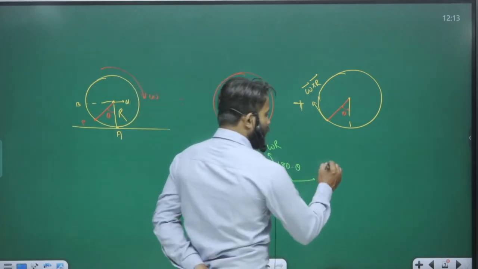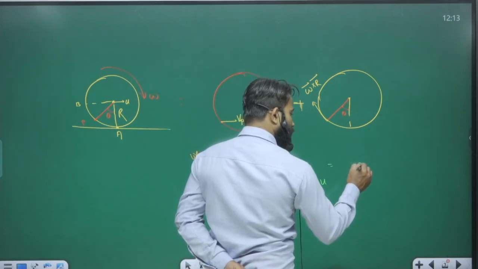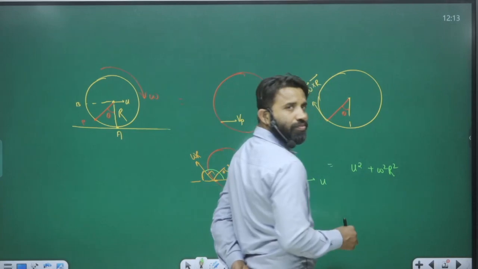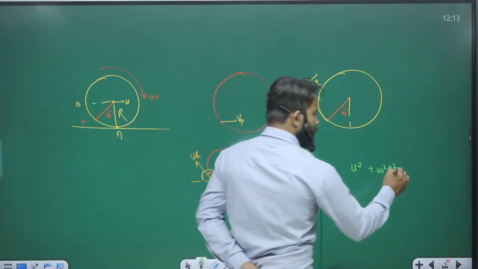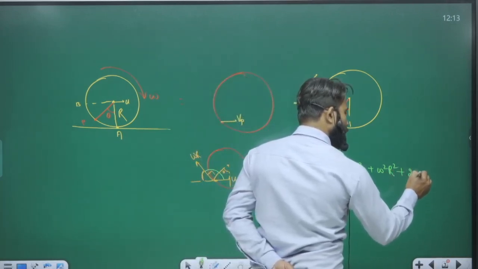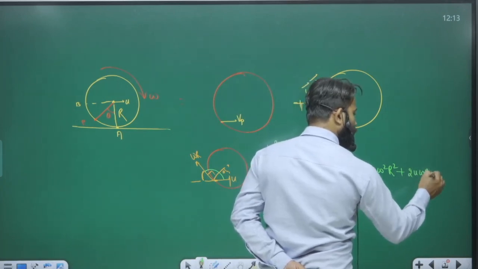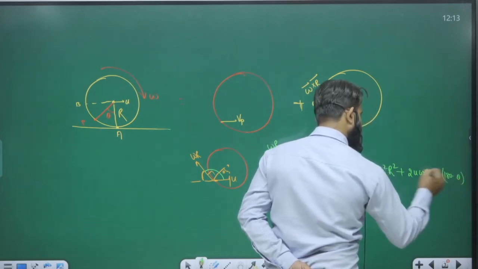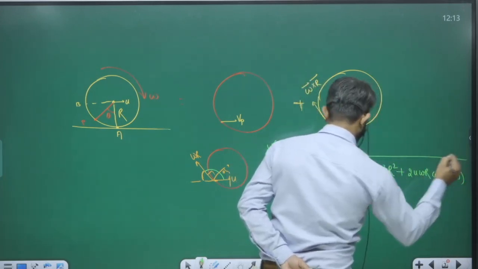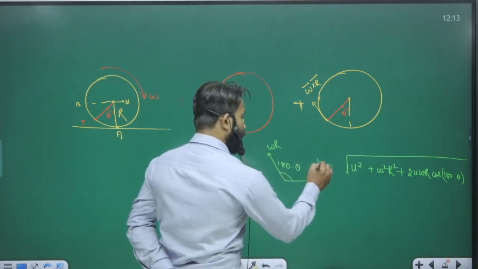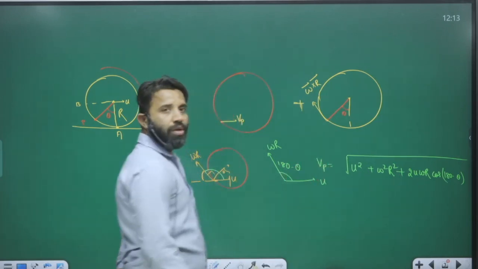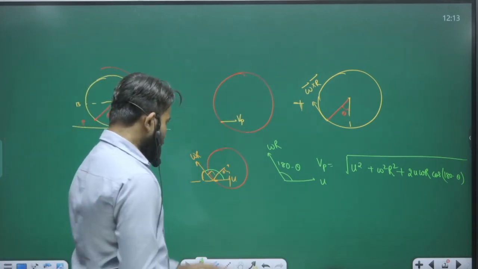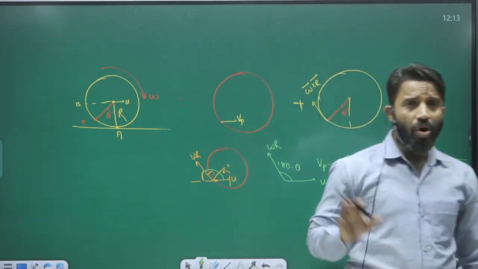We can write it like this: u square plus omega square r square, plus 2u into omega r into cos of 180 minus theta, all under root. So this will be the velocity of the point P. Now, this is all about velocity.